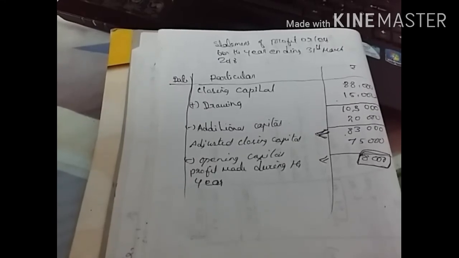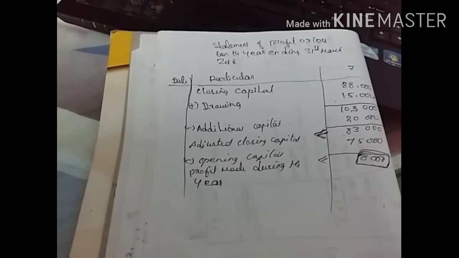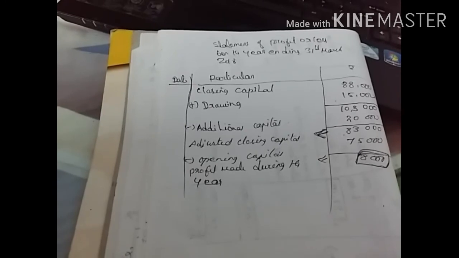In this sum they have given the opening capital, but they have not given the closing capital. So we find the closing capital through the statement of affairs. Then we prepare the statement of profit based on all the information given in the problem. Closing capital, add drawings, minus additional capital, we get the adjusted closing capital. Adjusted closing capital minus opening capital, we get the profit.